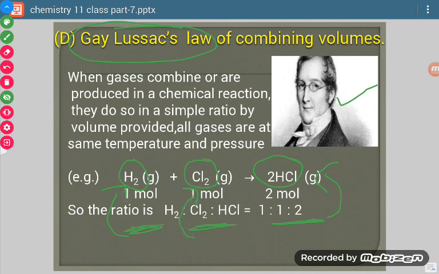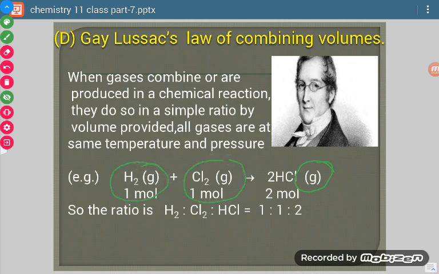So what is the law? When gases combine or are produced in a chemical reaction, just like this is produced in this reaction, they do so in a simple ratio by volume. Now see, in this case what happens? 1 mole of hydrogen combines with 1 mole of chlorine and it gives 2 moles of hydrochloric acid.